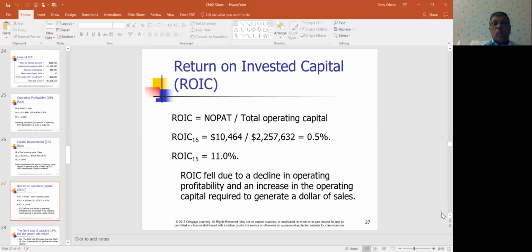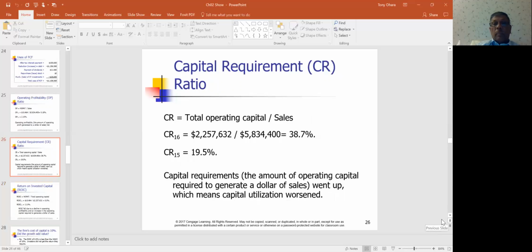Okay, they have a couple more of these kinds of numbers. Like this one here, NOPAT over total operating capital. And so what operating capital does it take to give you your, what does $1 of operating capital give you? Here in this case, capital requirement, total operating capital over sales.